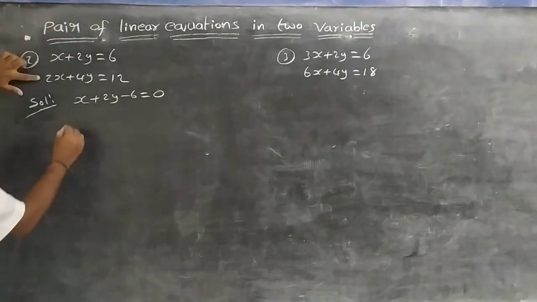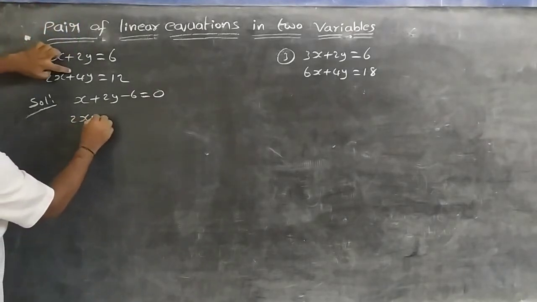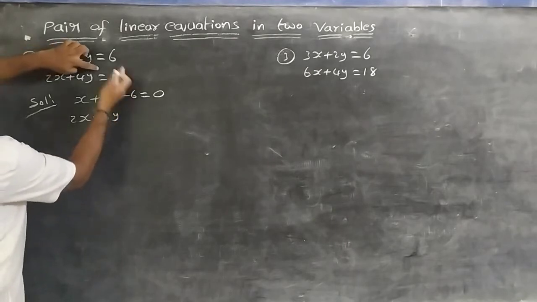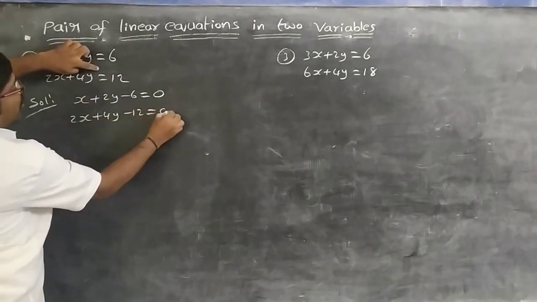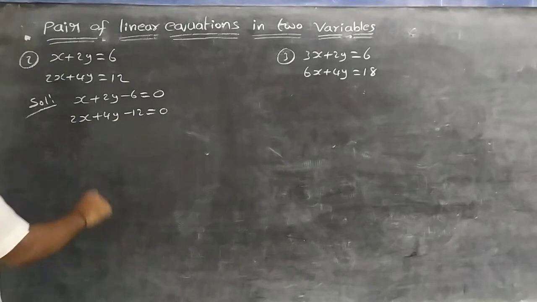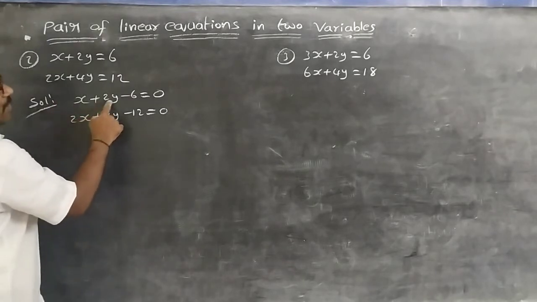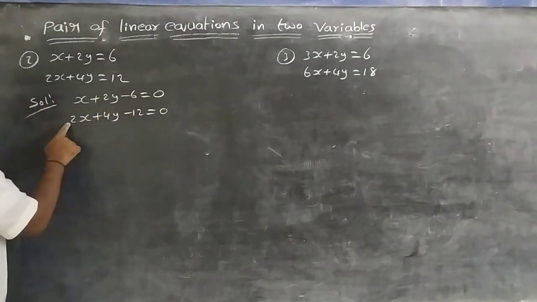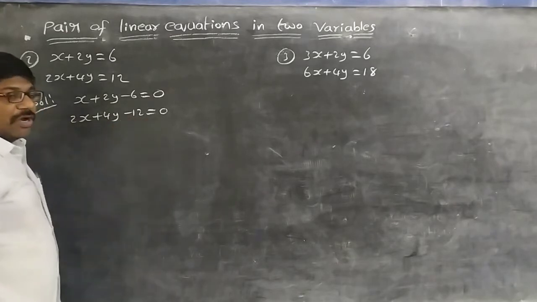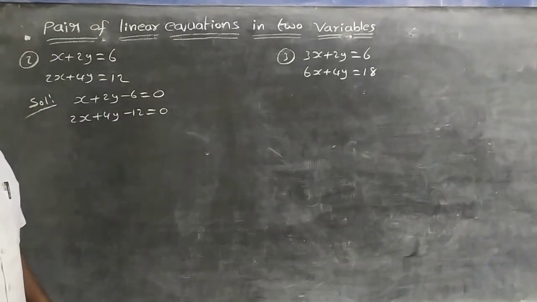And next, 2x plus 4y minus 12 is equal to 0, right? So it is a1x plus b1y plus c1, and a2x plus b2y plus c2. Now the a1, a2 values, b1, b2 values, c1, c2 values.